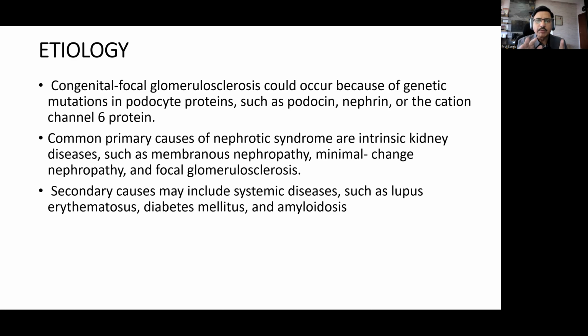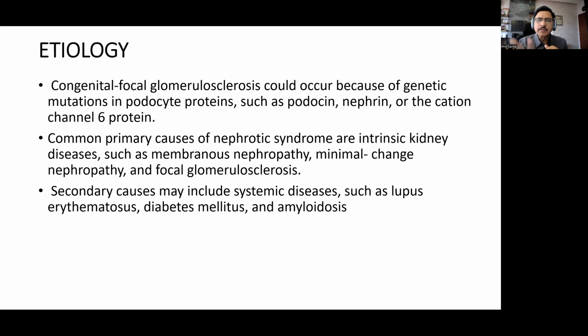So now you have to put a table here and show me that children and adults. Children, commonest one, minimal change disease. Next common one, 10%, membranous disease, membranous glomerulonephropathy. Focal glomerular sclerosis is only 5%.